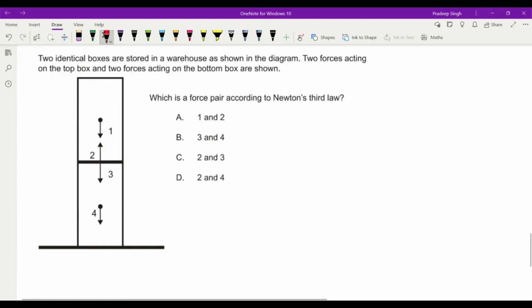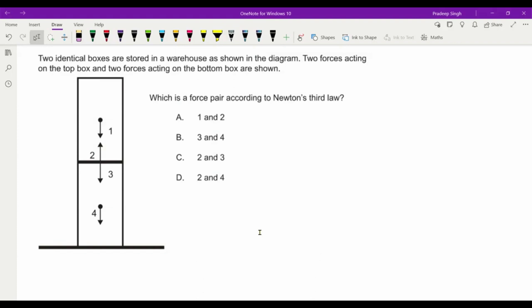I'm just going by the fact that there are two identical boxes. I don't know how to explain it, but the weight of the first box would be acting, or the normal reaction, sorry, would be acting downwards on the first box.